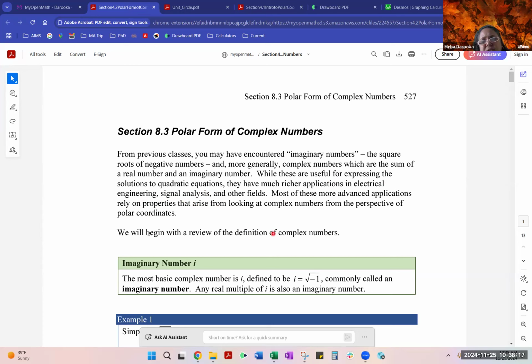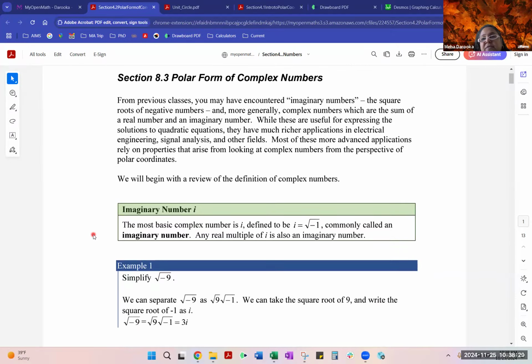Most of these advanced applications rely on properties that arise from looking at complex numbers from the perspective of polar coordinates. So that's why we're introducing this topic to you. But again, if you do make it into engineering courses, if that's the path you are following, you will get much, much more detail than what we are doing here.